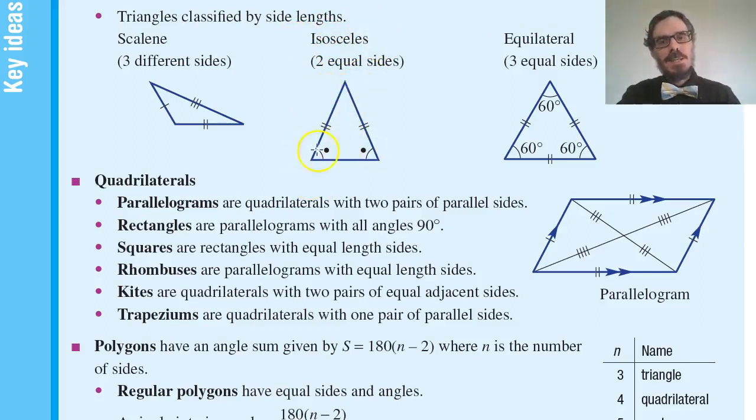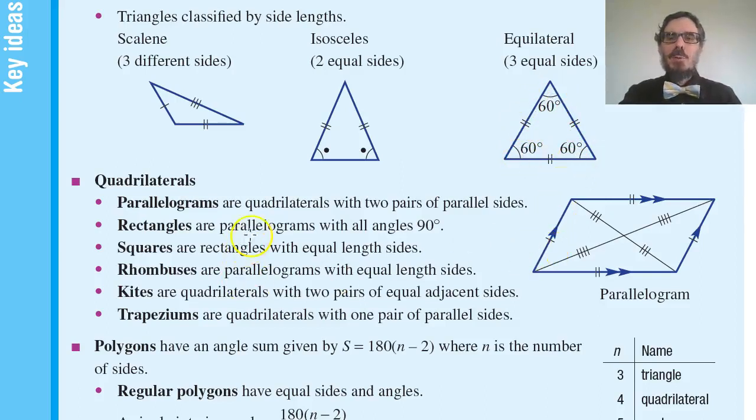So two sides the same is isosceles. And of course, the two angles opposite those sides are also equal. And an equilateral triangle means all three sides are equal. Equal sides, equilateral. Of course, that means all three angles are also equal, and so they all have to add up to 180, so they're each 60 degrees.